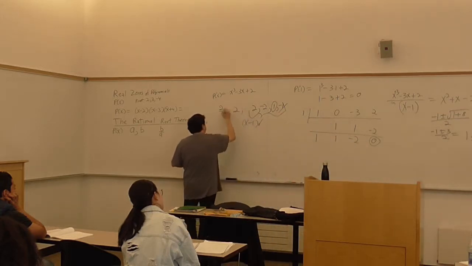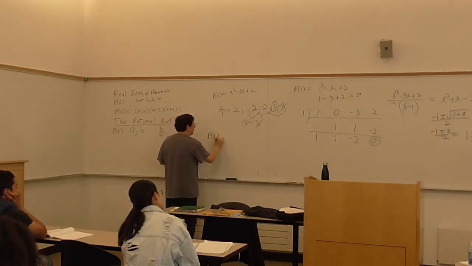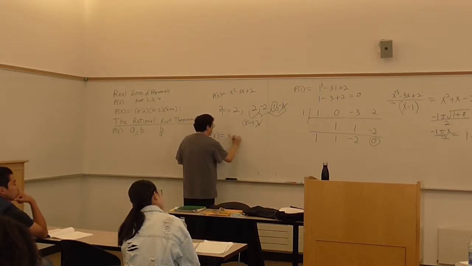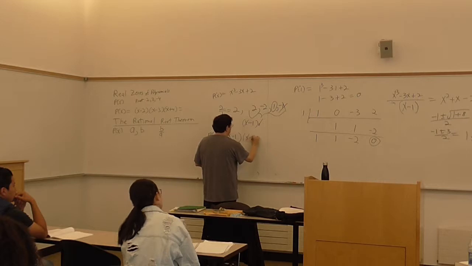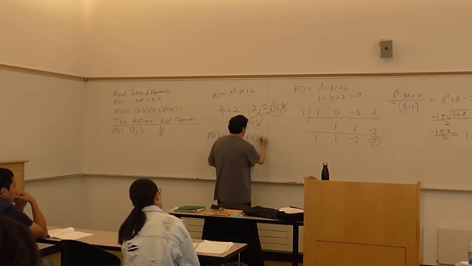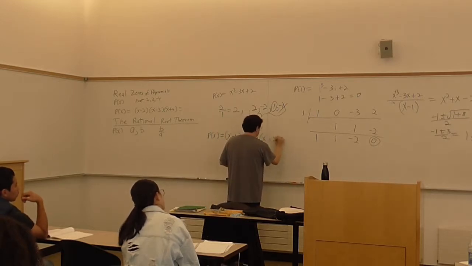So now I'm prepared to say, okay, I know how to factor this. It's x minus 1. That was my first root. X minus 1 again, and x plus 2.